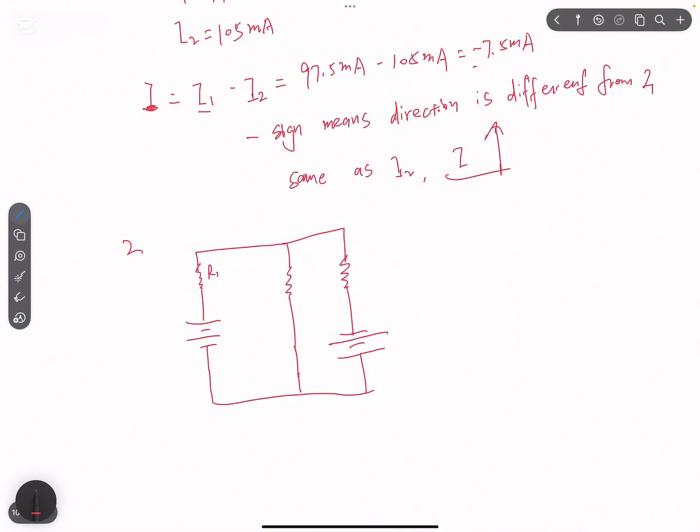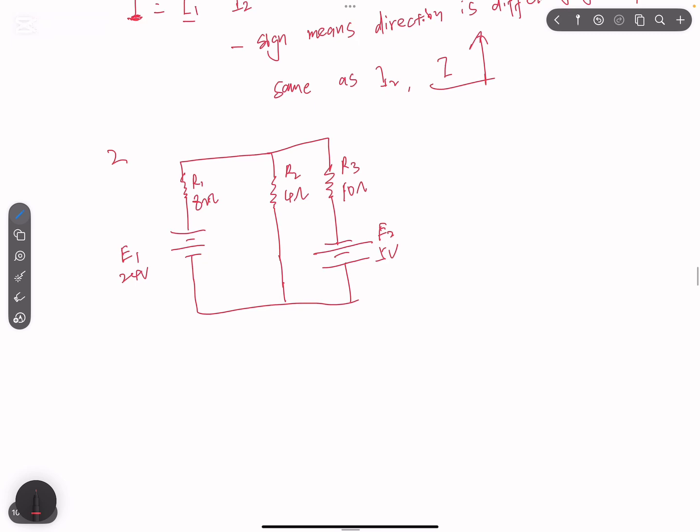R1 equals 8 ohms, R2 equals 4 ohms, and R3 equals 10 ohms. E1 is 24 volts, and E2 is 5 volts. The current I is in this direction.